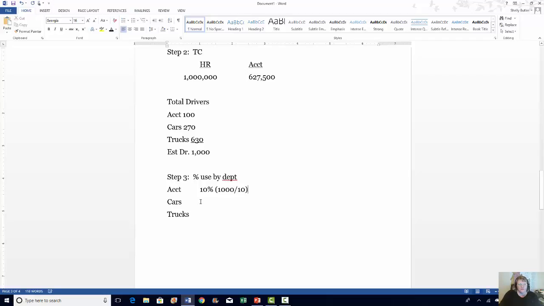Gives you 10%. 270 of 1,000 is 27%. Pretty simple there. And trucks is going to give us 63%. And this will equal 100%.